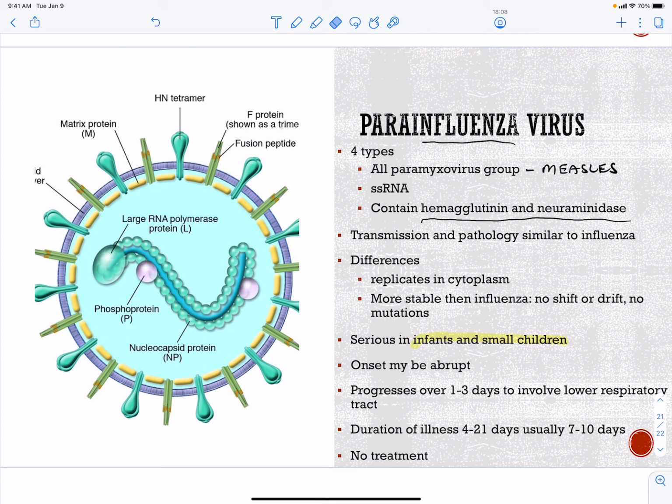You're going to have initially an upper respiratory tract infection that can lead to involvement of the lower respiratory tract after a few days. And then usually you're going to have about a 10-day illness, up to 21 days, and there is no treatment. It's just going to all be supportive care.